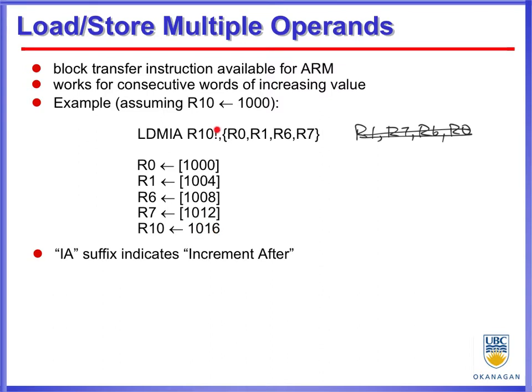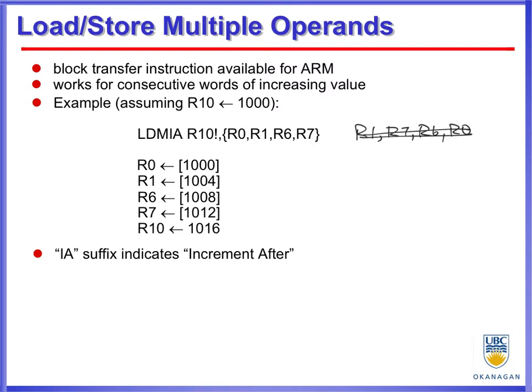If this wasn't here, then after this instruction is done, R10 would still hold 1000. It would use addresses 1000, 1004, 8, and 12 to load the registers, but then R10 would still have 1000 in it. When the exclamation mark is here, that means R10 has been changed each time to these values, and then finally it'll end up with 1016 in it. So you can write it with or without the write back.